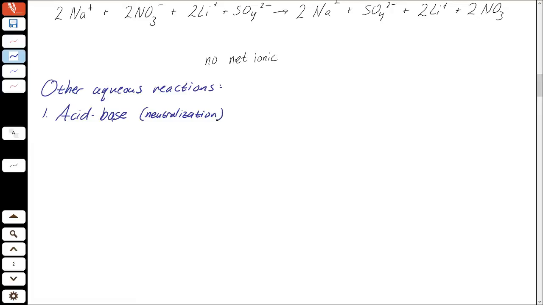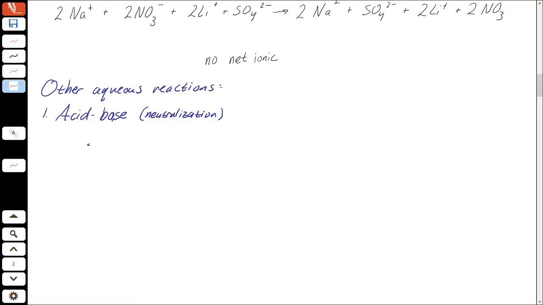These molecules that usually start with H, and we can name them and all of that. And then the base is usually just some other ionic compound. Could be a hydroxide, could be a carbonate. There are various types of bases that can be used. Mostly we're going to see hydroxides in this chapter.